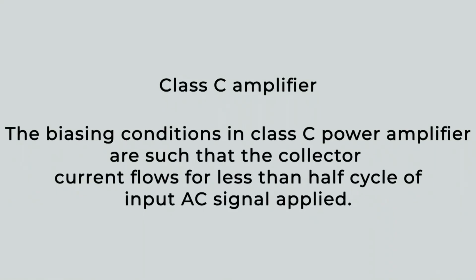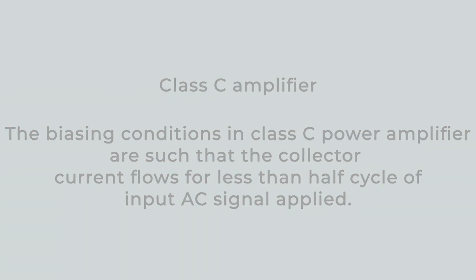The biasing conditions in a class C power amplifier are such that the collector current flows for less than half cycle of the input AC signal applied. The Q point is biased below 0 IB, that is, located below the cutoff level. Its power efficiency is about 90%.